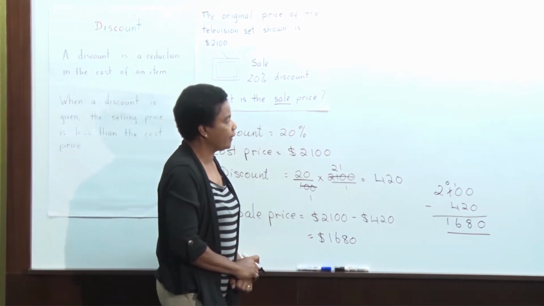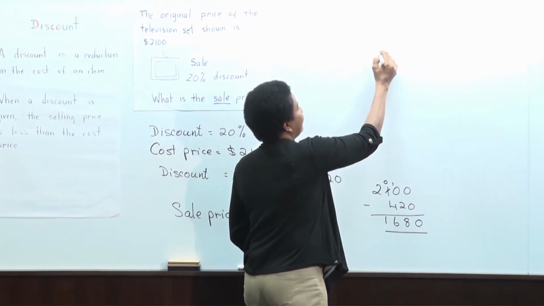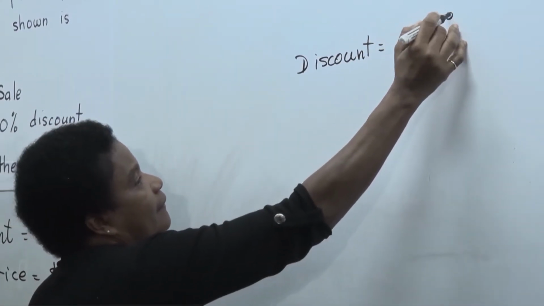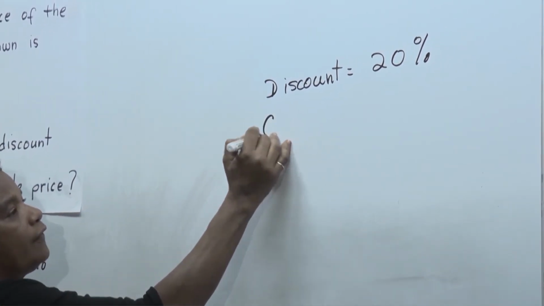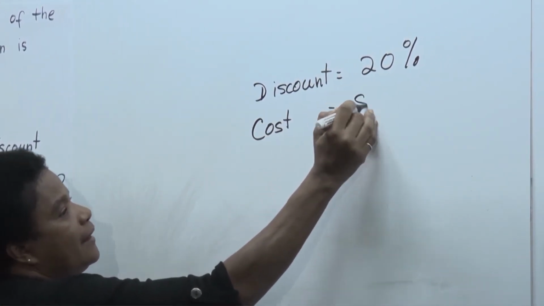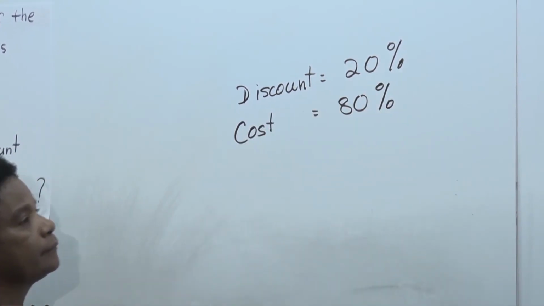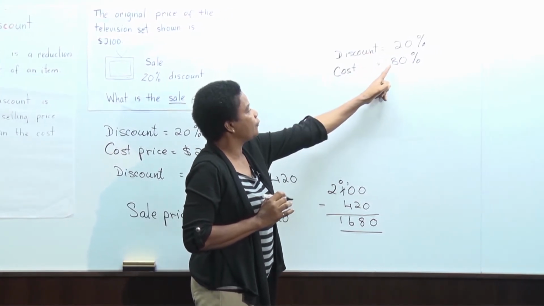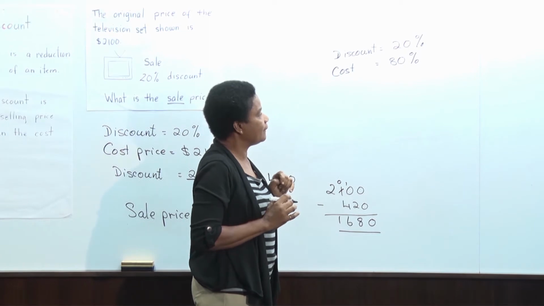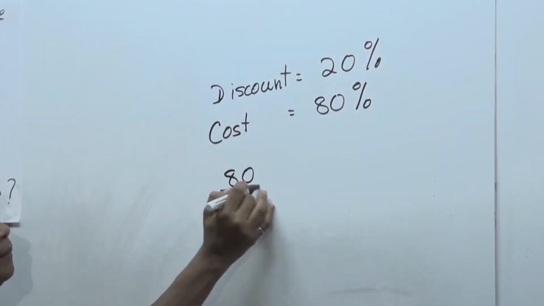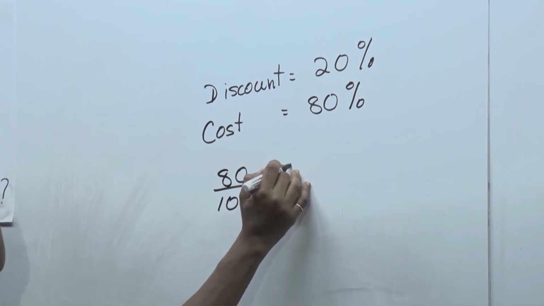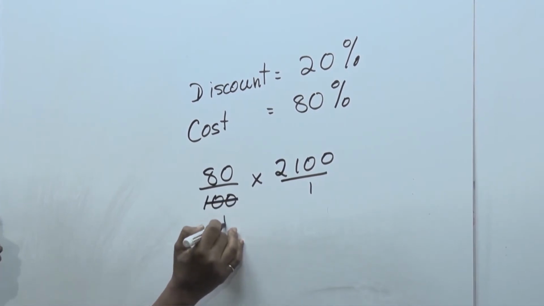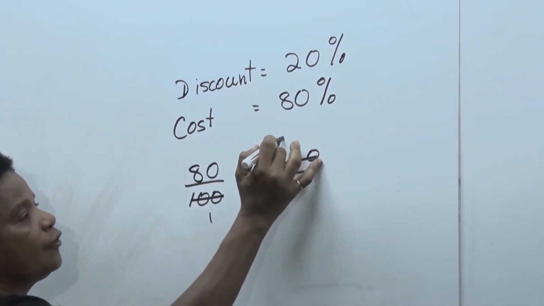However, I know there are some of you who will tell me that if the discount is 20%, then the cost will be 80%. Am I right? If you are getting a 20% discount, then you're only going to pay 80% of the cost. Let's see if that works out. 80% of $2,100. 100 into 100, 1. 100 into 2,100 is 21.